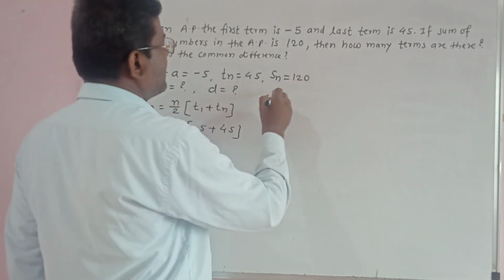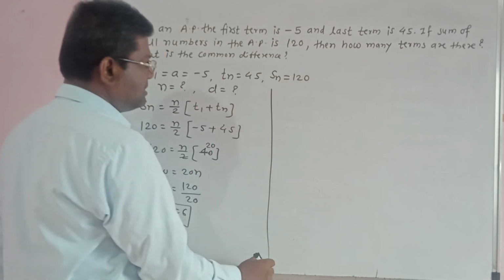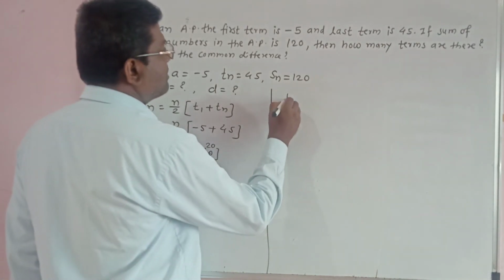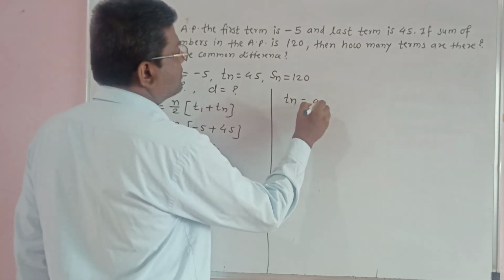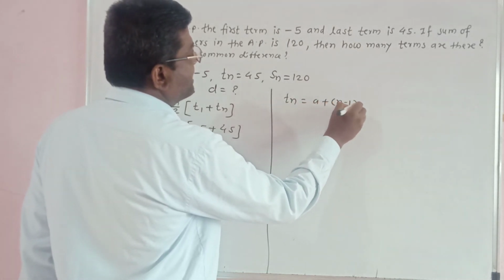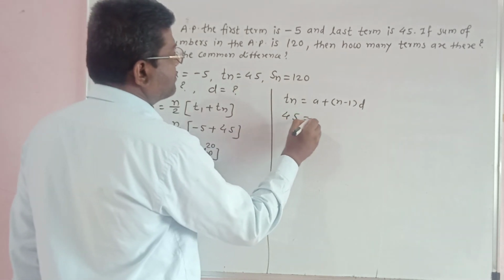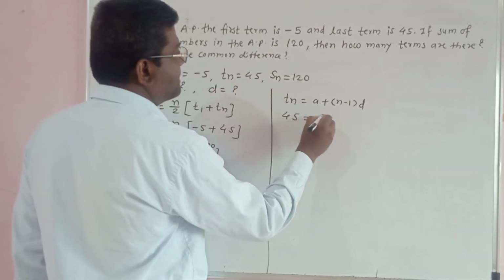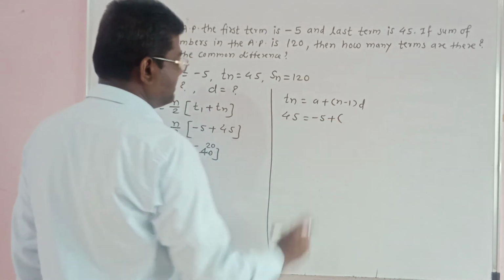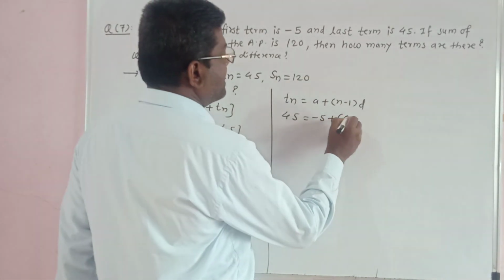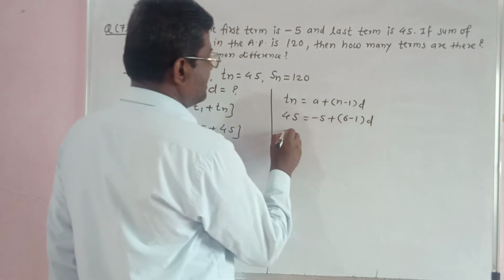Now we have to find the common difference. To find the common difference, we use the formula of Tn. Tn is equal to a plus n minus 1 into d. Tn is 45 is equal to a is minus 5 plus n, the value of n is 6, so 6 minus 1 into d.